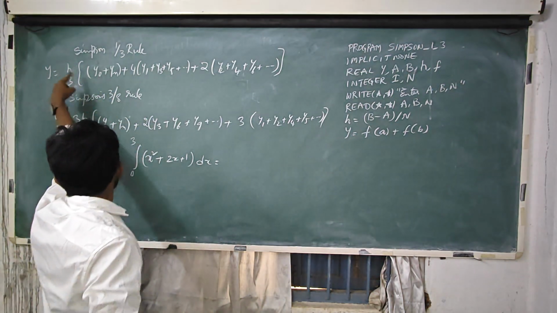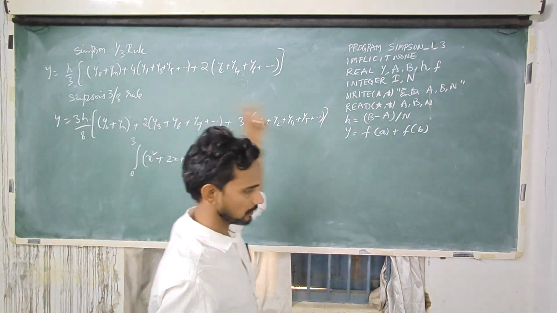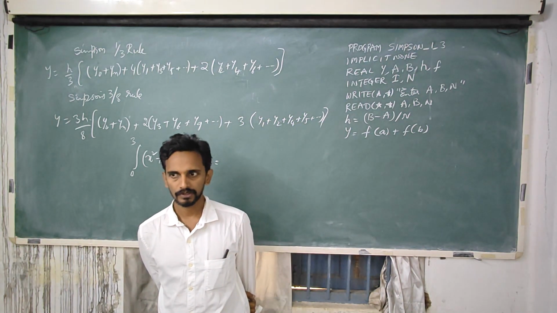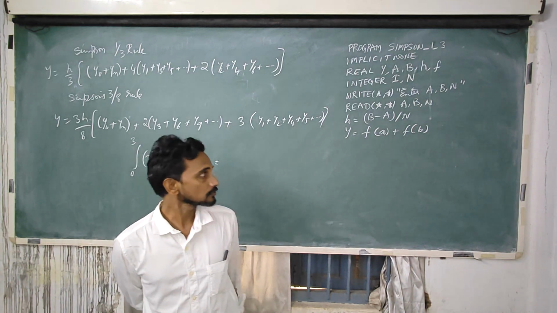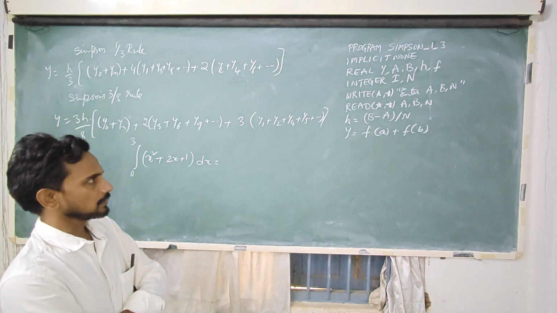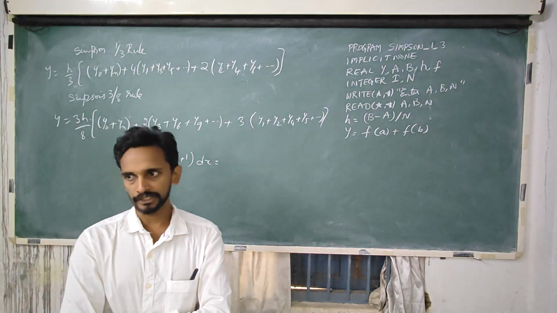Initial values. That multiplication factor we will include at the end because it is a simple repetition of activity. So that will multiply at the end. So we are initializing y with f of a plus f of b, starting value and ending value.